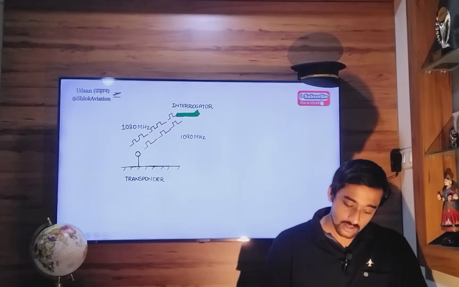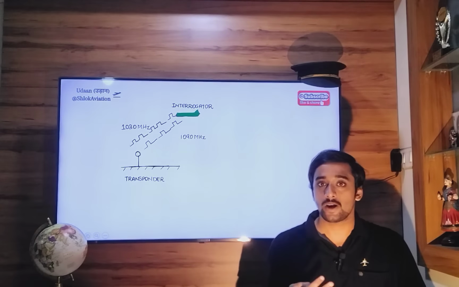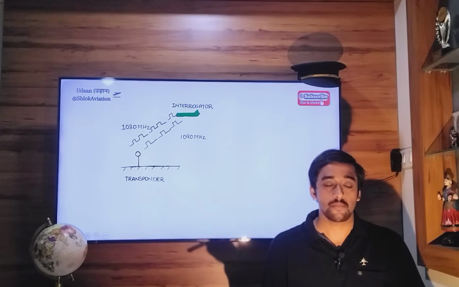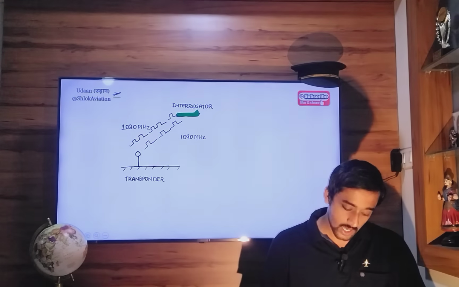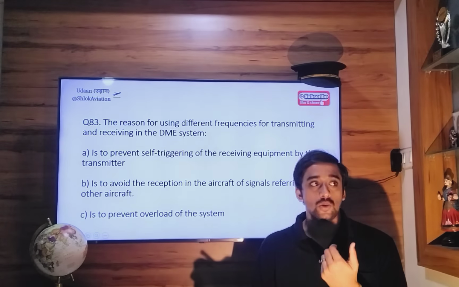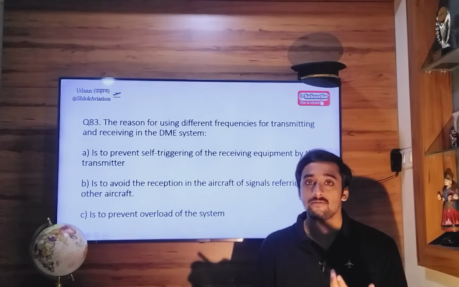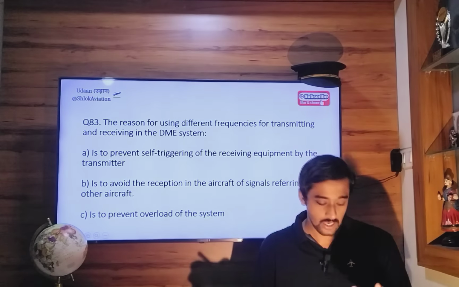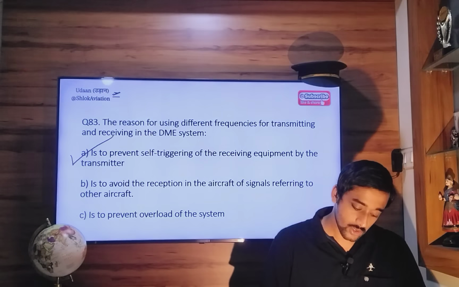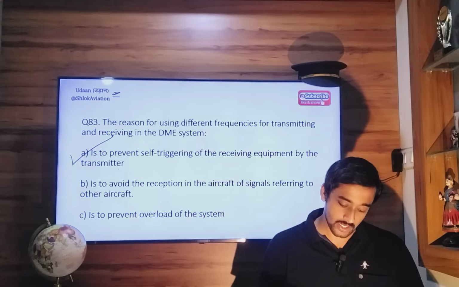So this is how the DME uses two different frequencies, one for interrogation and another for reply or response. This is done in order to prevent the interrogator in your aircraft from locking onto its own frequencies or any other reflections from the ground surface. So the correct answer is to prevent self-triggering of the receiving equipment by the transmitter.